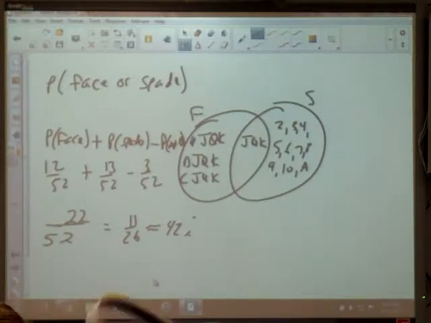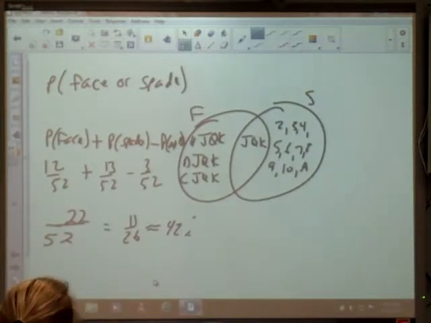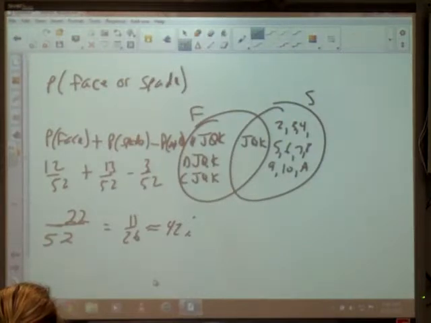And I talked to you a little bit last week about how you write your answers. Fraction, decimal, percentage, as long as you're not told how to write your answer. I didn't specifically tell you on this one. As long as you're not told, you can write it whichever way you prefer. I think it's pretty obvious to y'all that I prefer fractions or percentages. That's the way I do mine the most. But you need to make sure you read the directions.